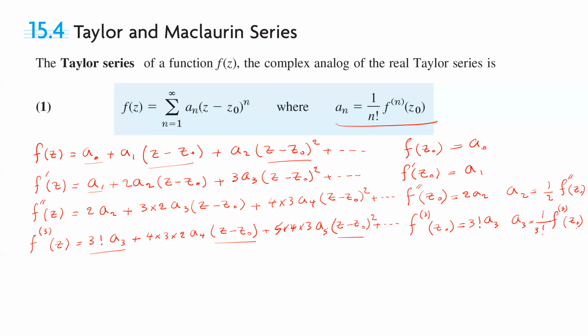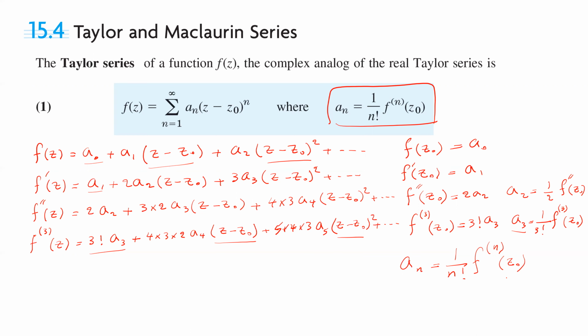And the same way you can see that for the fourth derivative, to find a4, you do 1 over 4 factorial, the fourth derivative evaluated at z naught, and so forth. So you have the coefficients come out like that. An is 1 over n factorial, the nth derivative evaluated at z naught.